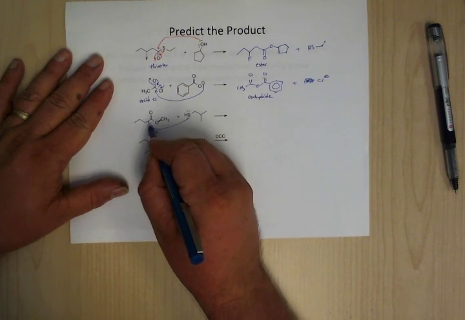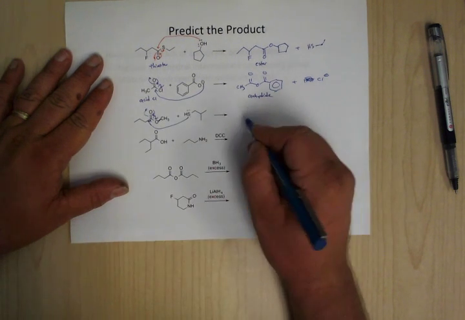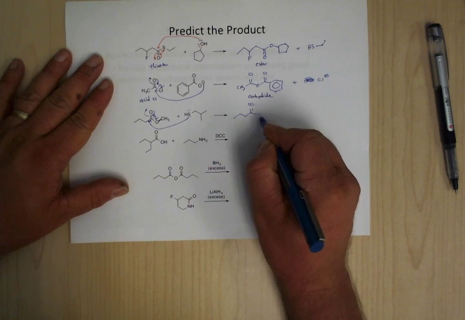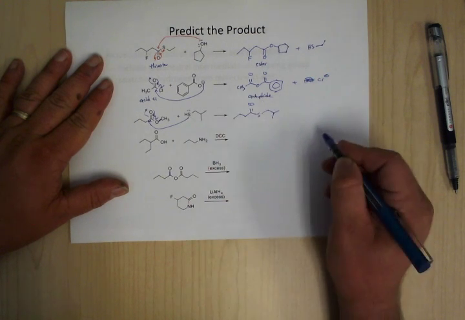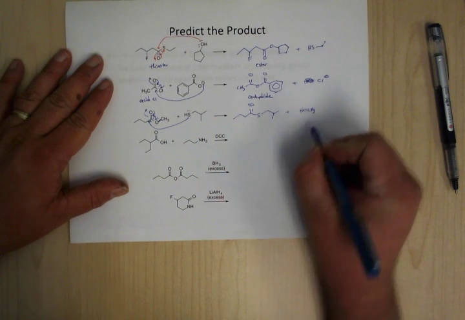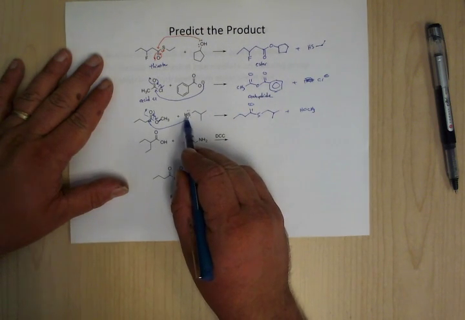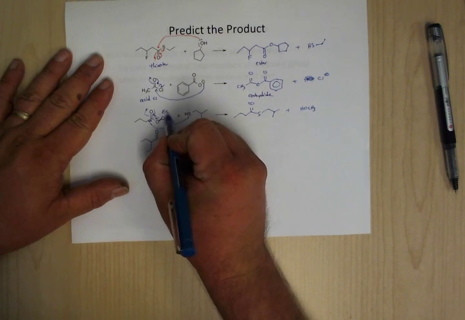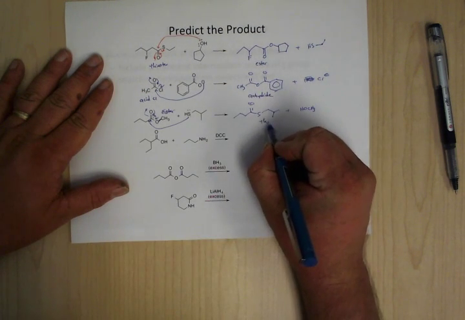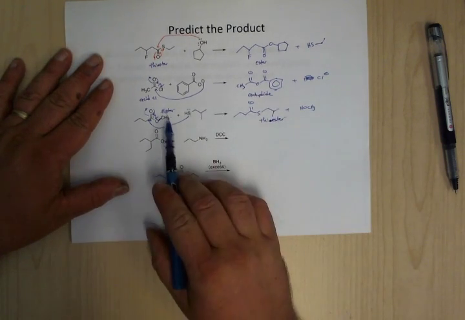Okay, now for this one here, it's kind of hard to see, but again, that one comes there, up, down, kick away. So you're going to end up with this, plus methanol. As this is leaving, it's going to grab that hydrogen. So we're going from ester to thioester, this one here.